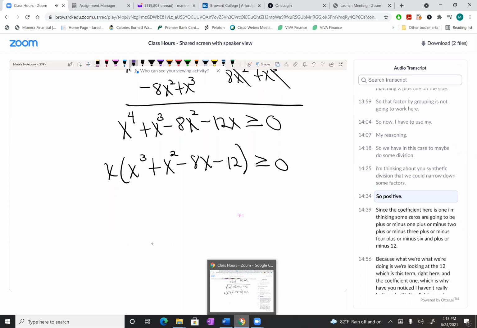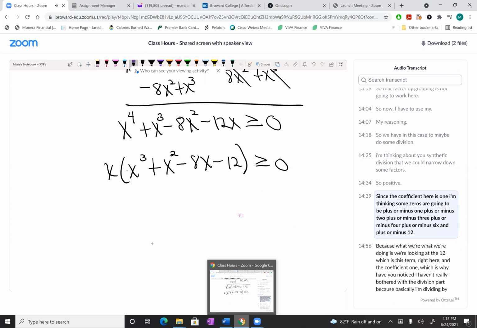So, since the coefficient here is 1, I'm thinking some possible zeros are going to be plus or minus 1, plus or minus 2, plus or minus 3, plus or minus 4, plus or minus 6, and plus or minus 12.